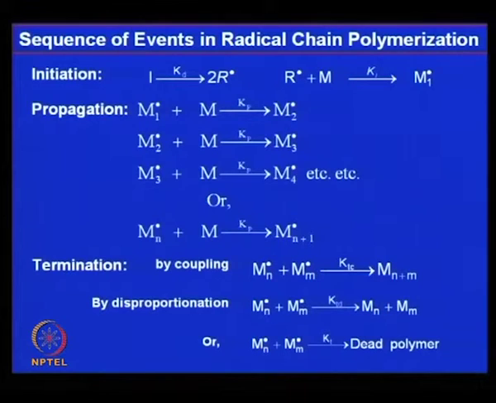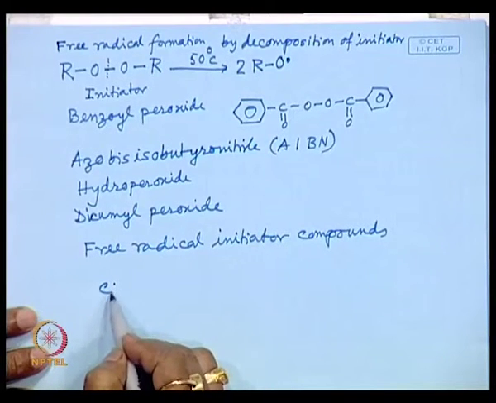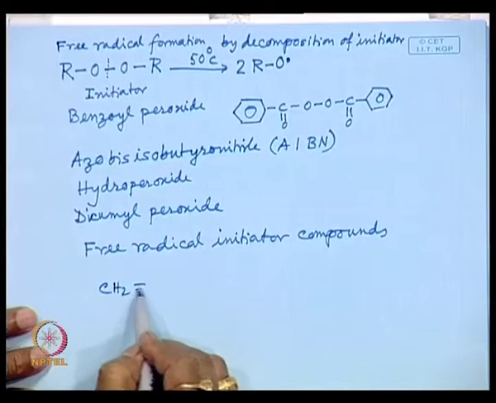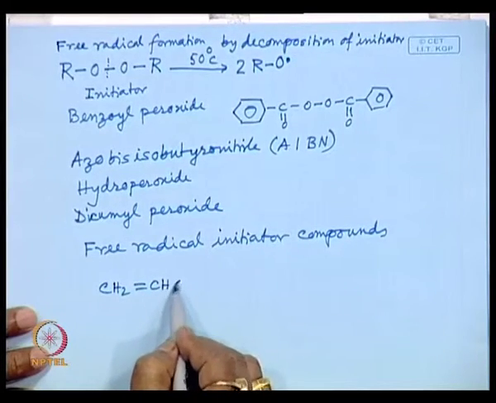So, once this initiator undergoes homolytic decomposition forming R free radical, that R free radical will add on to a monomer designated by M. That monomer may be ethylene monomer, methyl acrylate monomer, methyl methacrylate monomer, vinyl chloride monomer, or an acrylic acid monomer like that, where you will have a double bond like this.